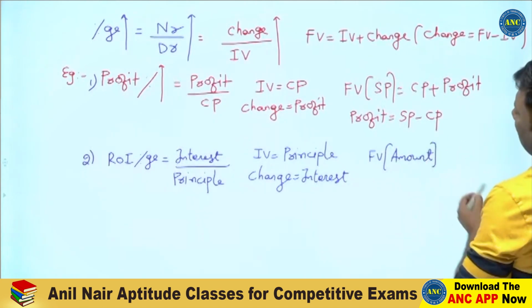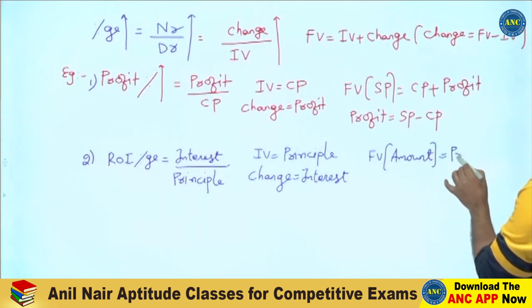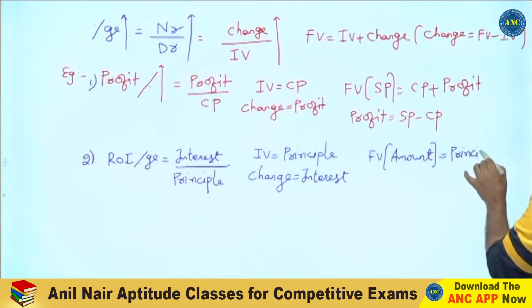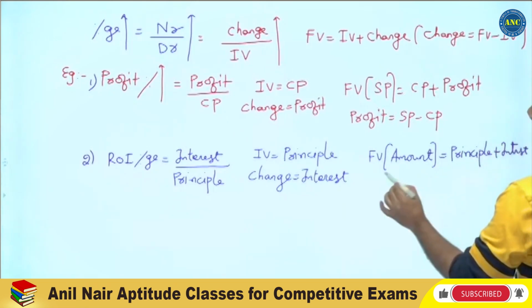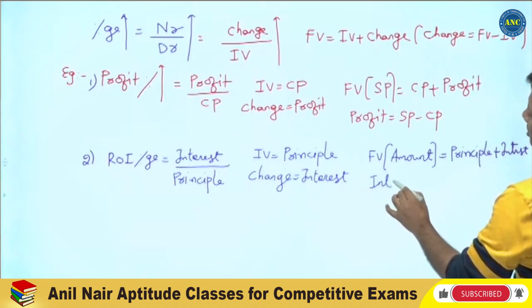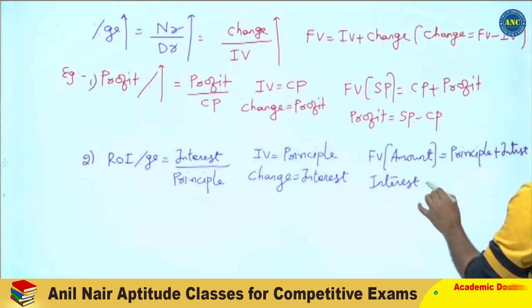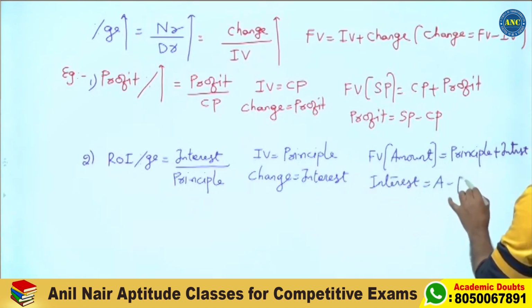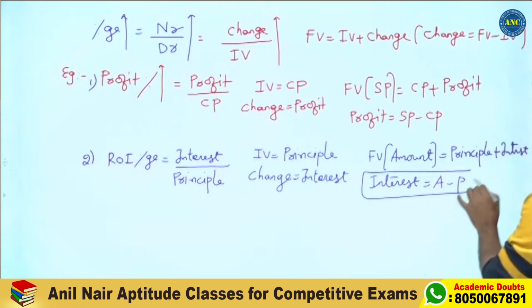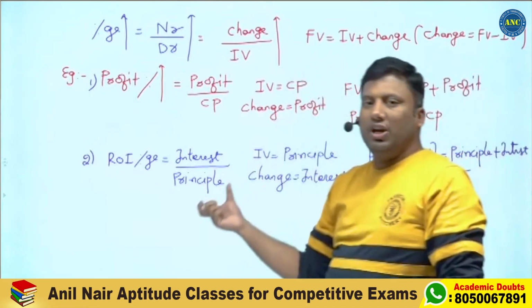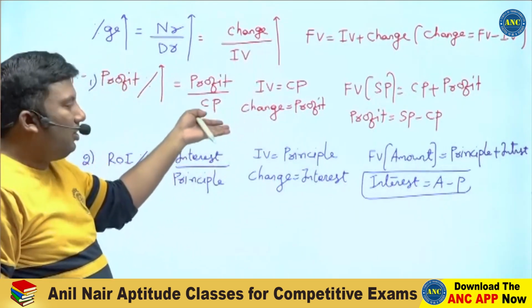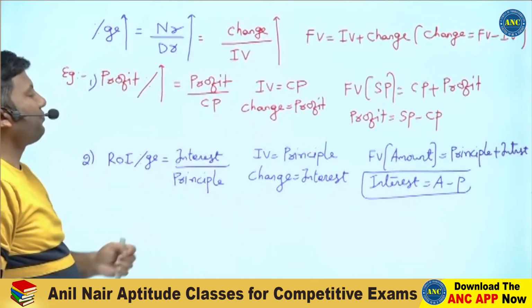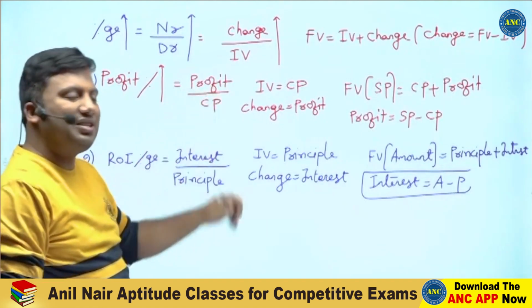Final value is initial value plus change, which is principal plus interest. So interest is given by amount minus principal. This is the beauty of thematic based learning. Once you know this concept, you can derive all the similar things under the same heading.